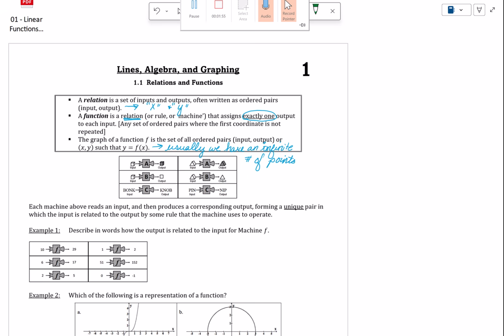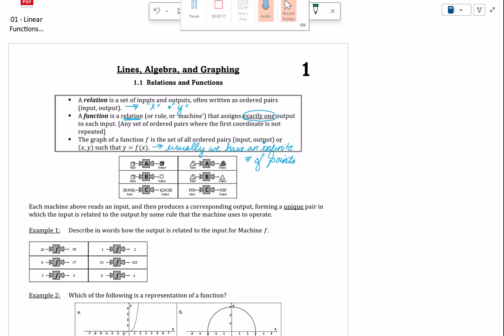So you can see here we have some functions. Function A, they inputted a white cube and came out a gray cube. And then you can see that happened again. They entered a white triangular prism and it came out gray.